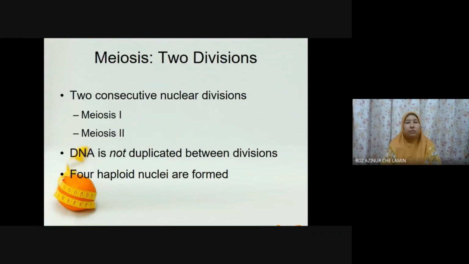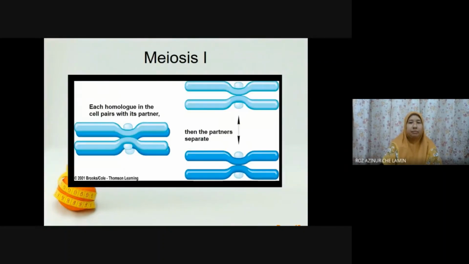Meiosis consists of two consecutive nuclear divisions, which are meiosis 1 and meiosis 2. DNA is not duplicated between the divisions, and it produces four haploid nuclei. Okay, this is meiosis 1.